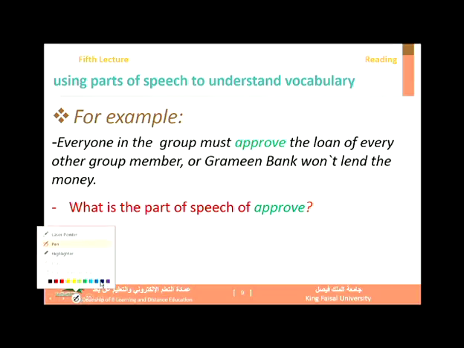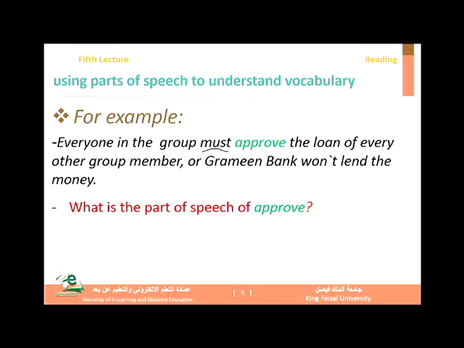كيف السياق هنا يقدر يساعدني؟ بكل بساطة ننظر للكلمة اللي قبل هذه الكلمة. عندنا must. must تعتبر modal. must, should, might، كل هذه المودلز تأتي عادة قبل الأفعال أو قبل الأسماء؟ أنا متأكد بأنكم أجبتم بأنها قبل الأفعال، صح؟ لأن مثلا I could say I must work, I must eat, I must travel, I must sleep, I must pray.